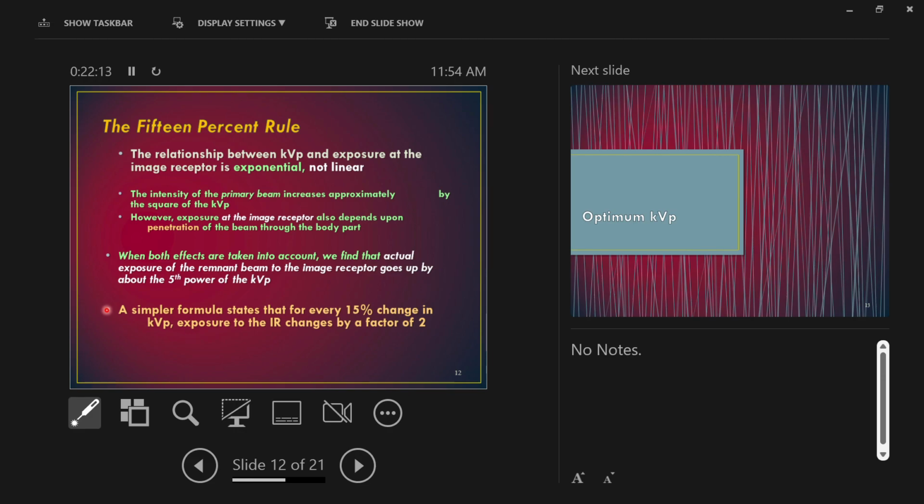Double what? Double the radiographic technique. Okay, so the 4 centimeter rule. You guys are right, by the way. You're not wrong, but there's more to it. For every increase.